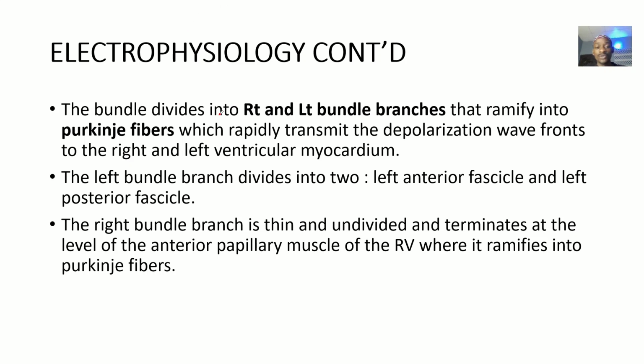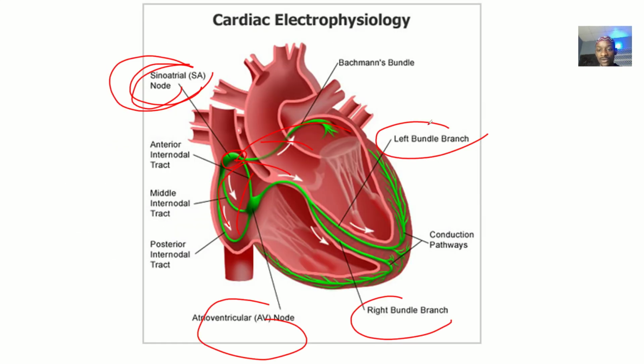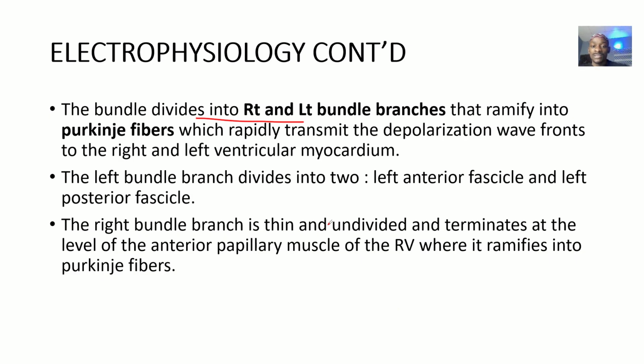Now, this bundle of His divides into the right and left bundle branches. You can see here, we have the left bundle branch, we have the right bundle branch. It divides into the left and right bundle branches that ramify into Purkinje fibers, which rapidly transmit the depolarization wave front to the left and right ventricular myocardium.